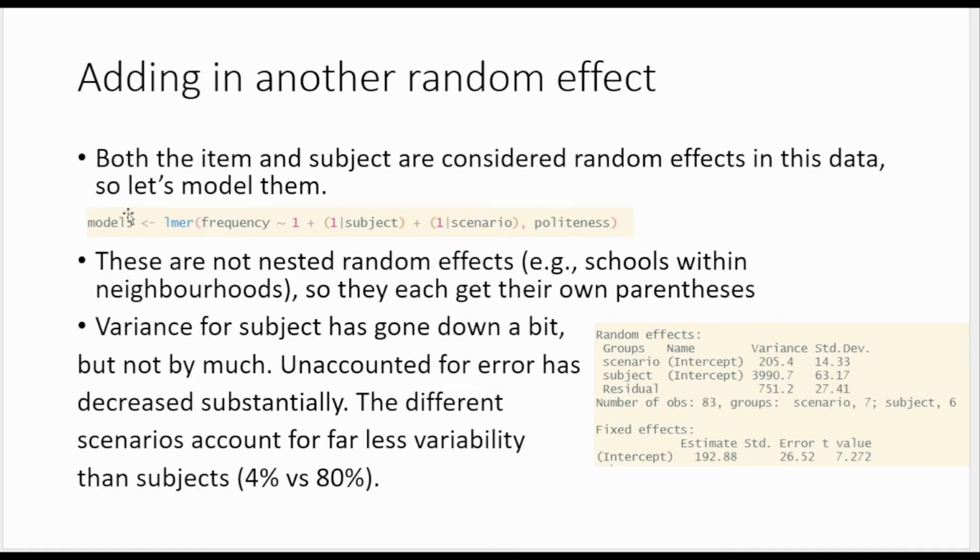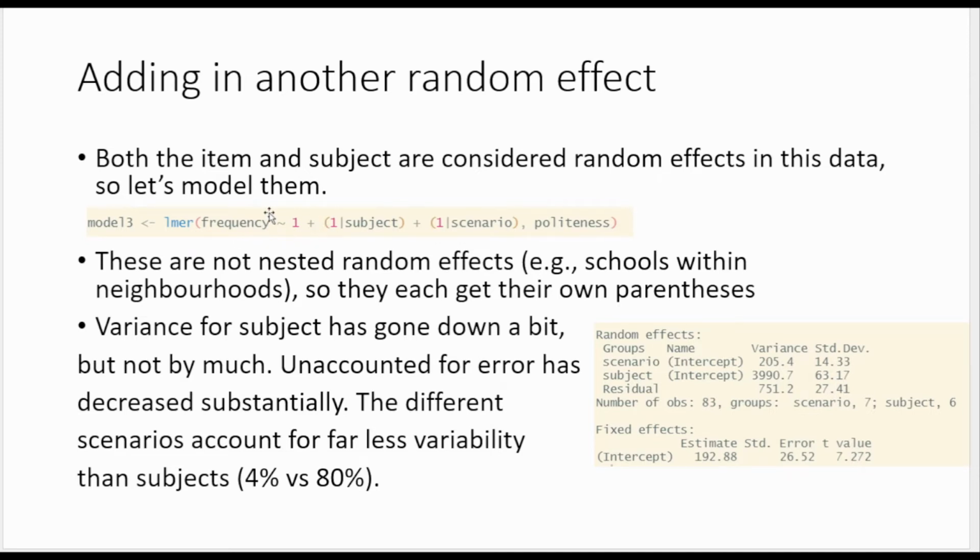So what if we add in another random effect? We're still only on variance component models, but now we have two variances to incorporate into our model. Both the item and the subject are considered random effects in this data, so let's model them as such.